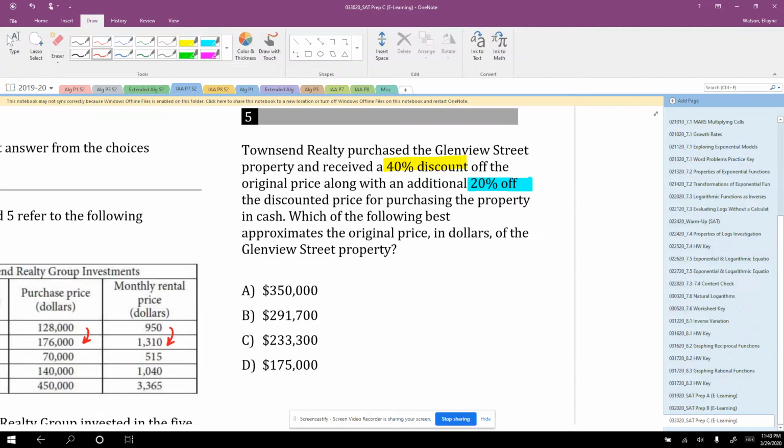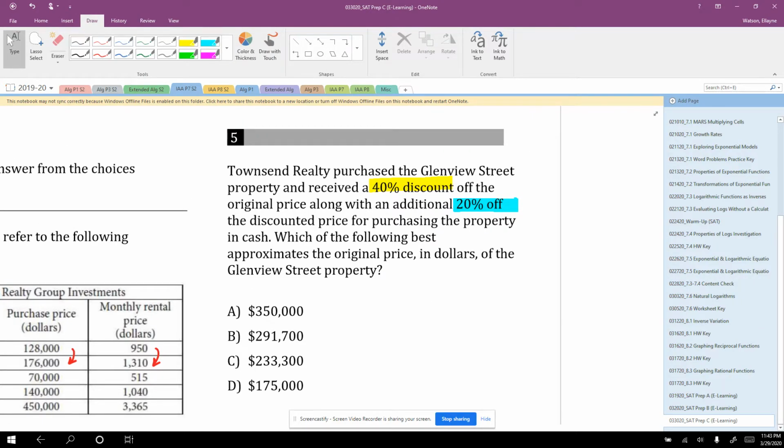Okay, and so I kind of think of it as if you received a 40% discount, that means that you paid 60%, right? So if something costs $100, you received a 40% discount, that means you actually paid 60%.